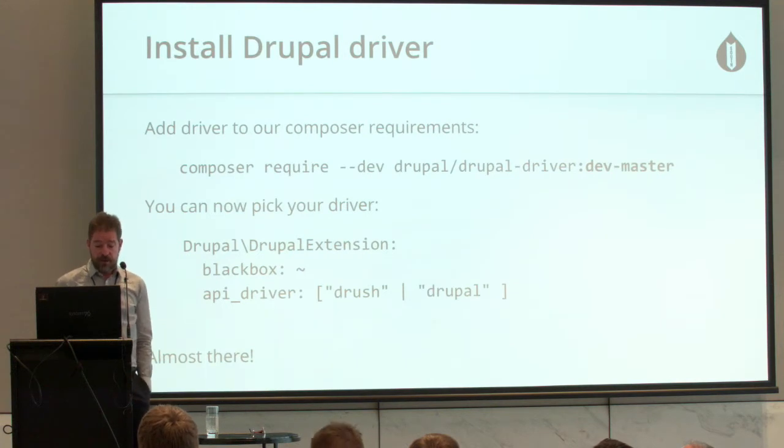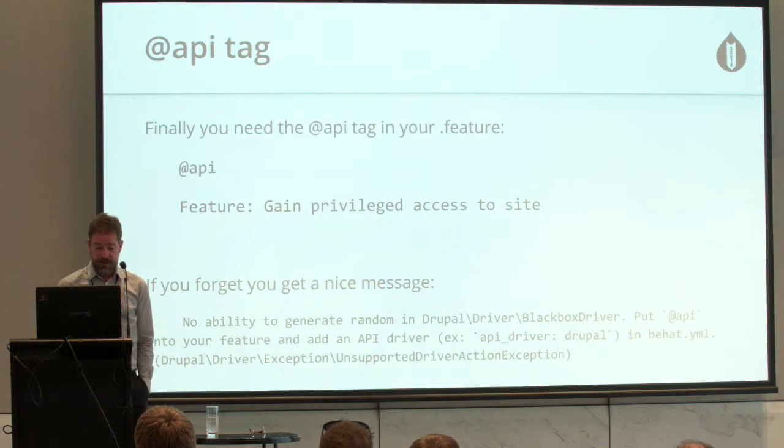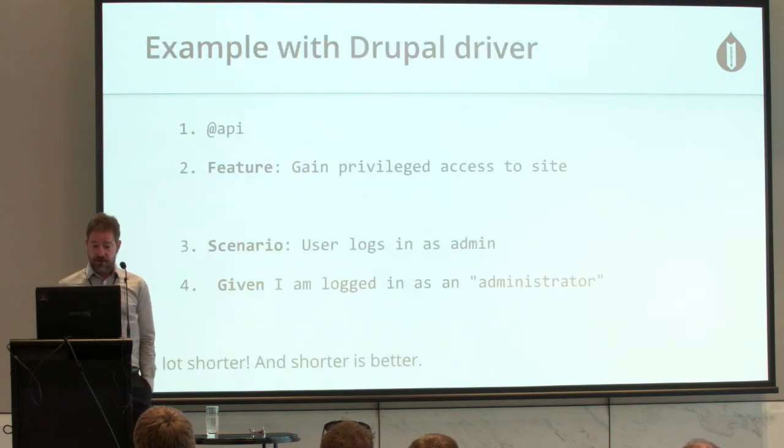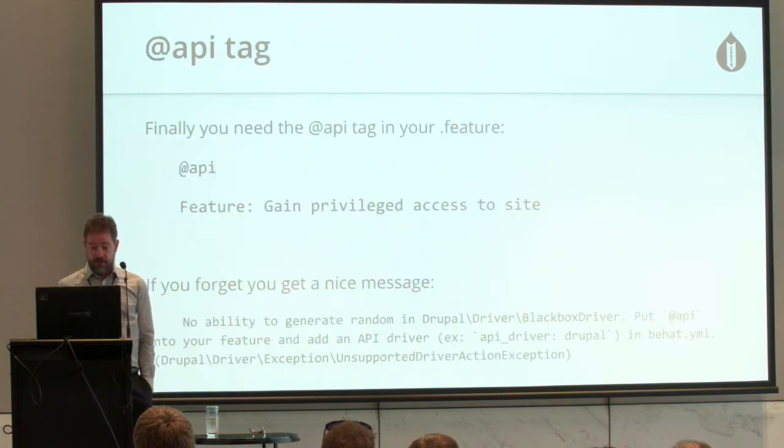So you install that as follows, and then you put the particular driver in your YAML file. You can look that up later. And the final step is that in your feature file you need to have an API tag, and if you then write that particular step, let me see, that's the next one I think. Oh yeah, so what we get then is a scenario, user logs in as admin. No, sorry.